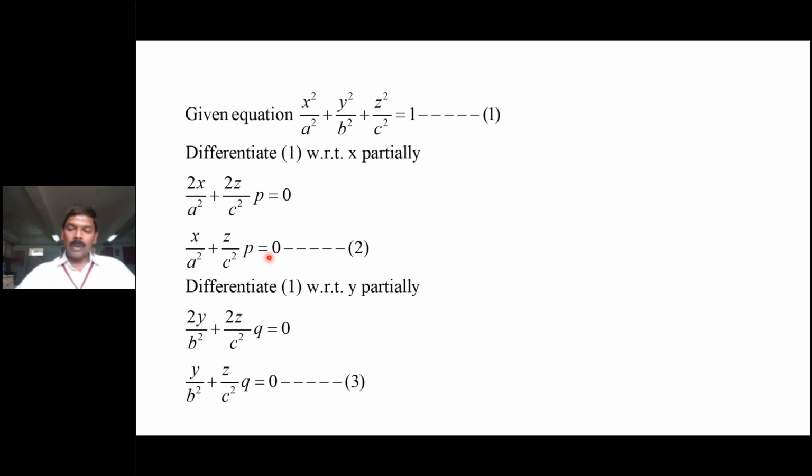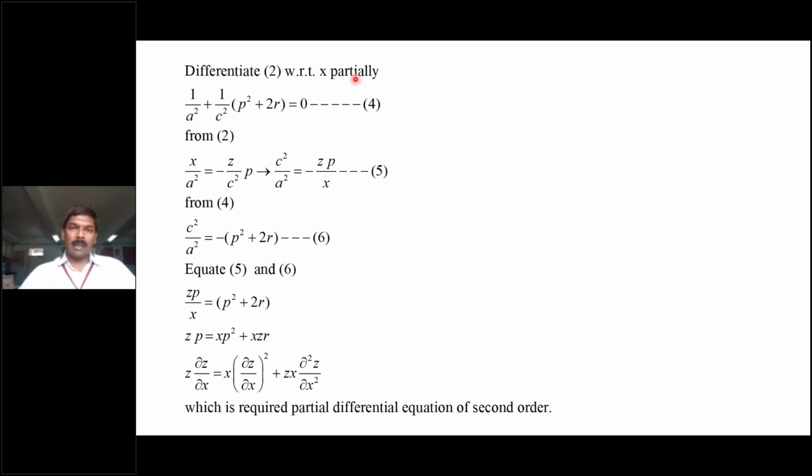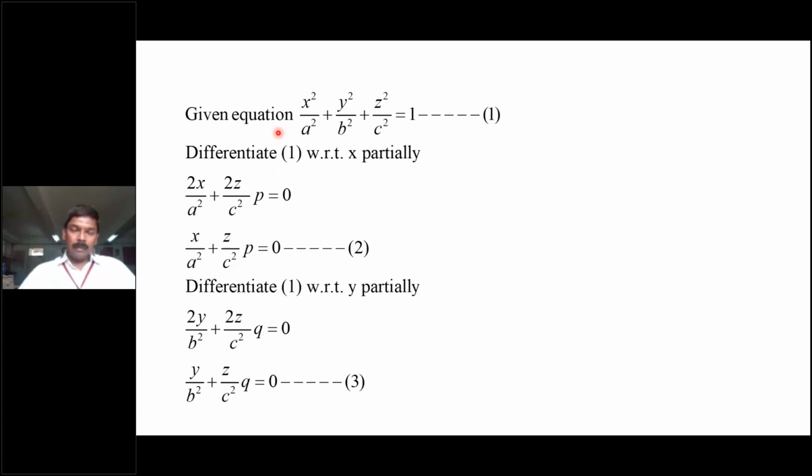So now I am going to differentiate this equation 2 with respect to x. After differentiating with respect to x, this is the equation we get. And in this, r is nothing but dou square z by dou x square, remember. Now I'll go back to second equation and I'll rewrite the second equation like this.